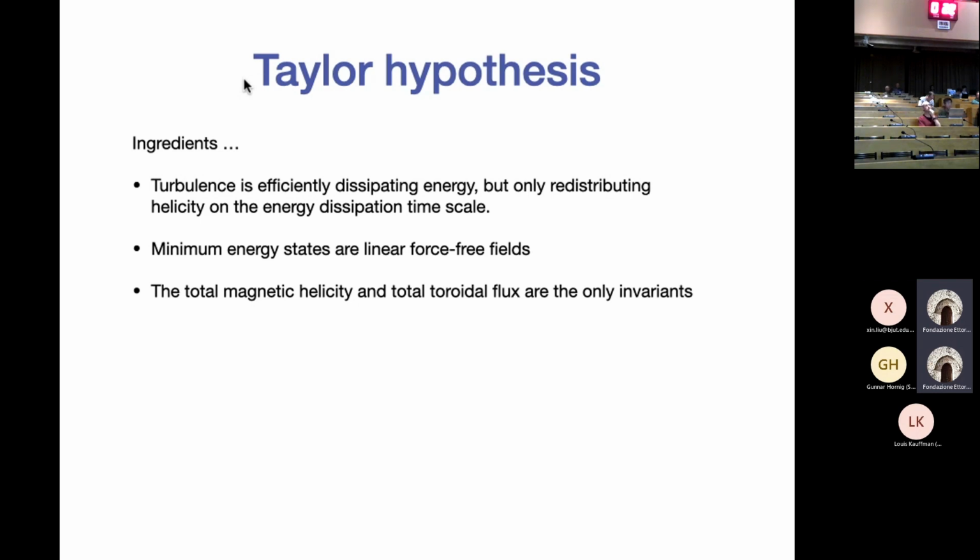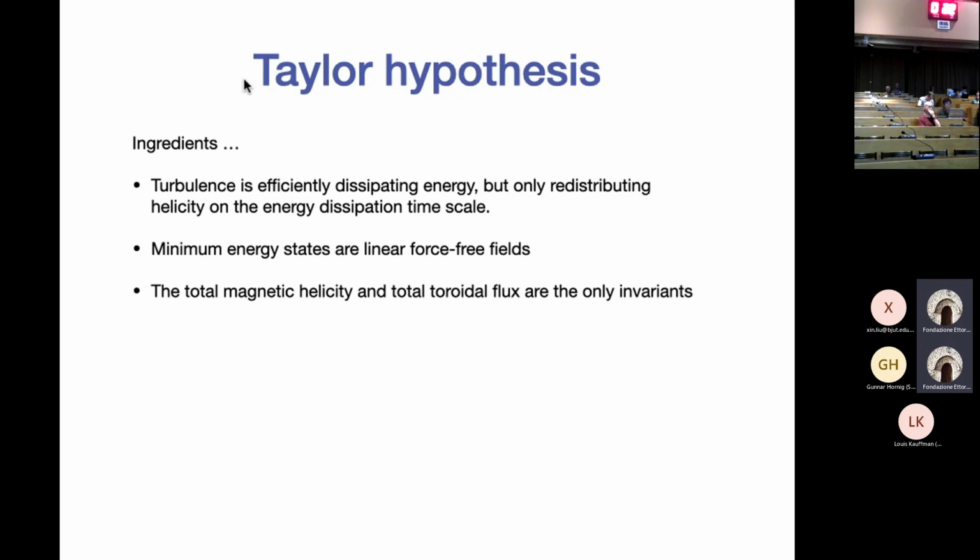So the first assumption is a pretty good one, that we assume that there's a turbulent process in that plasma; plasmas of that high temperature are typically turbulent. The second one we already proved mathematically, that minimum energy states are linear force-free fields. So that's a good assumption.